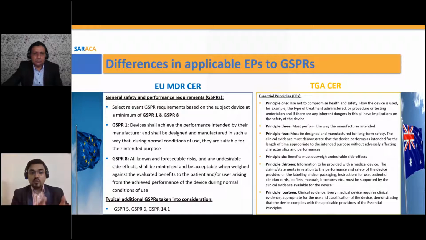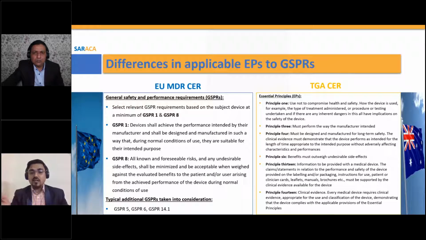So all known and foreseeable risks and any undesirable side effects shall be minimized and be acceptable when weighed against the evaluated benefit to the patient or user arising from the achieved performance of the device during normal conditions of use. It includes a number of requirements inside one sentence: you need to comply on all known and foreseeable risks and the undesirable side effects.